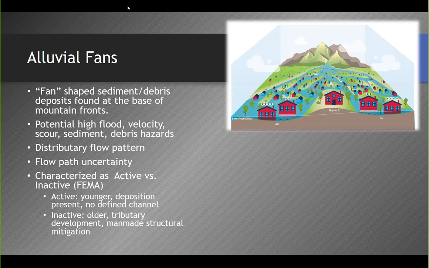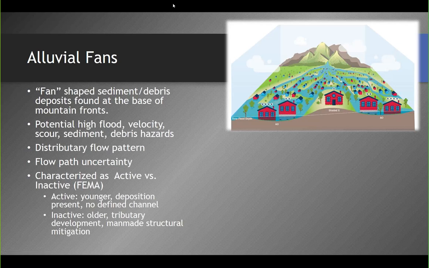Once the debris and flood of water reaches the mouth of the canyon, there's typically no defined channel to move the water and debris, and the flow path becomes uncertain. As the sediment and debris like tree trunks and boulders move down the flow path, they can block an area causing water to move to different locations, which is why they look like fans. The water will basically go where it wants to go.